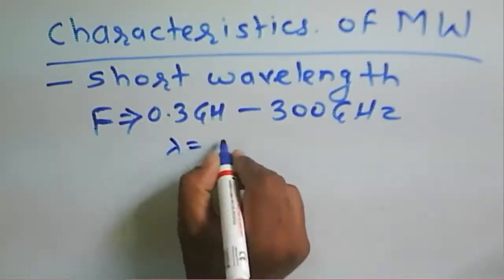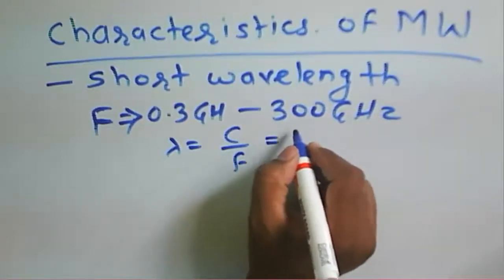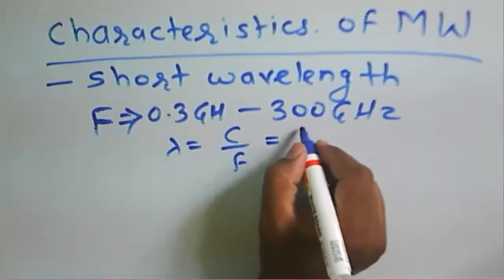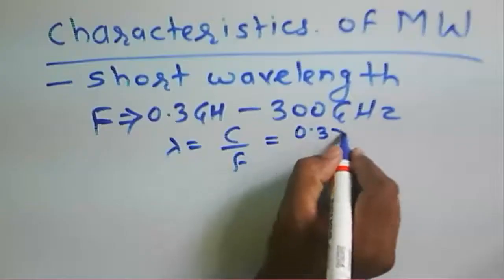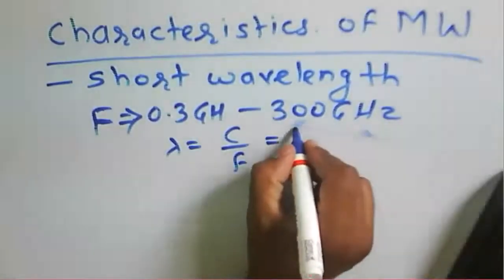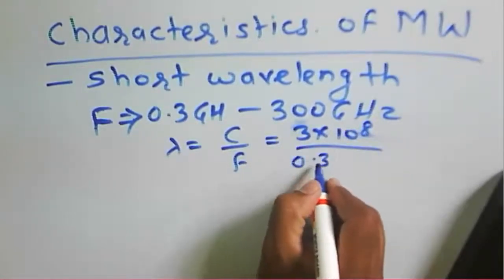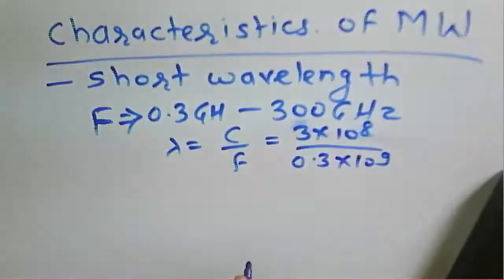And if you calculate that, lambda is equal to C by f. C is 3 into 10 to the power 8, and the frequency is 0.3 into 10 to the power 9.